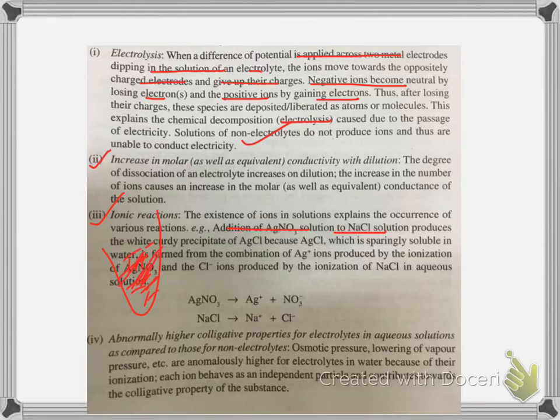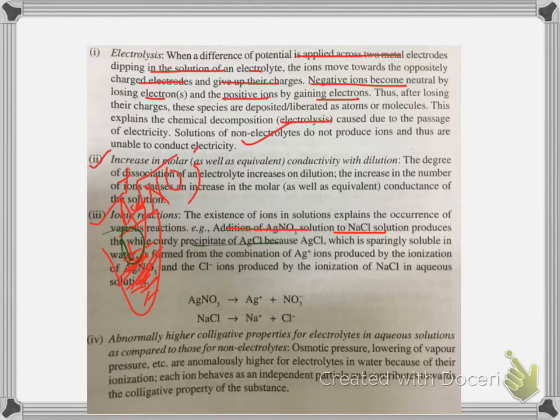This solution does not contain NaCl; instead it contains Na+ and Cl− separately. To this we are adding AgNO3 solution which contains Ag+ and NO3−. Instantaneously, at the moment when AgNO3 comes in contact with NaCl solution, there will definitely be the formation of AgCl as precipitate.